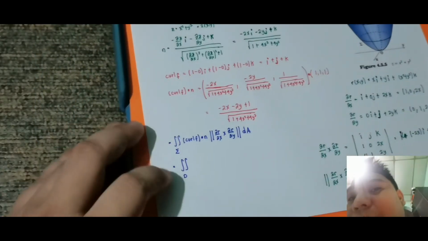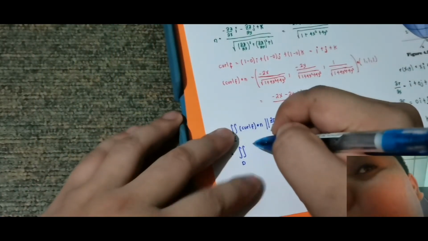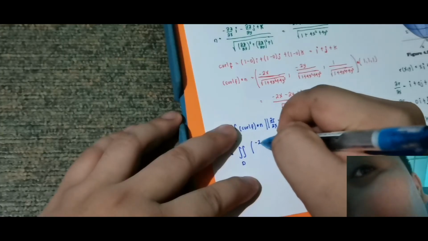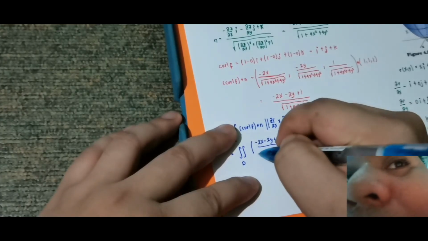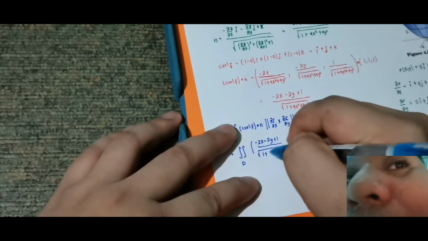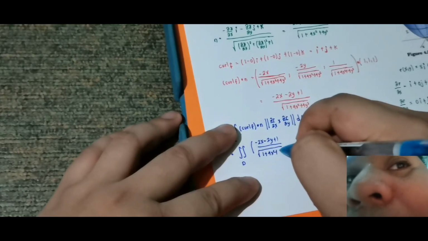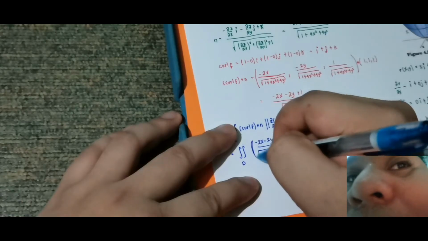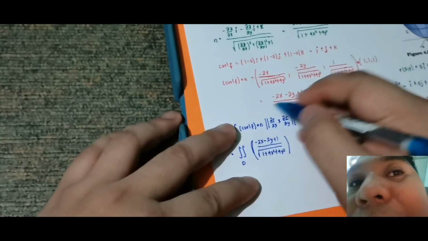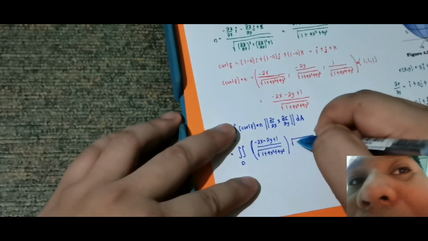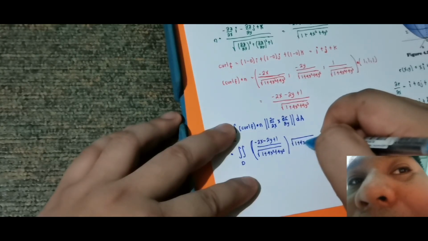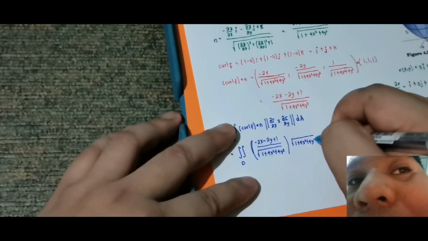So, yung curl of F dot product n is something na ito: negative 2x minus 2y plus 1 all over square root ng 1 plus 4x squared plus 4y squared. So, ito yung una. Then, itong part na to, syempre ito yun. So, parehas, may makakancel, plus 4x squared plus 4y squared.